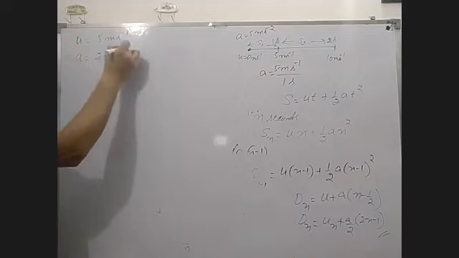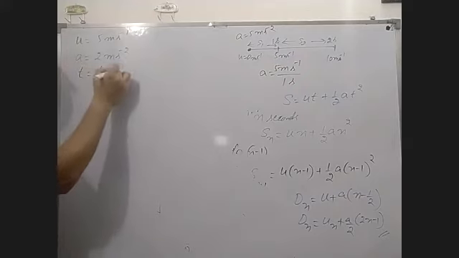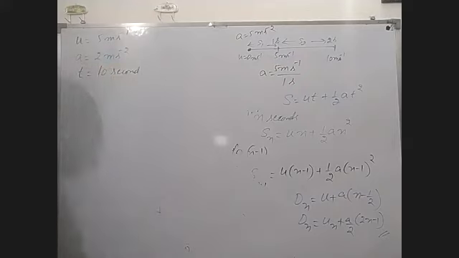The uniform acceleration is 2 meters per second square, and the time is given, 10 seconds, along a straight line.